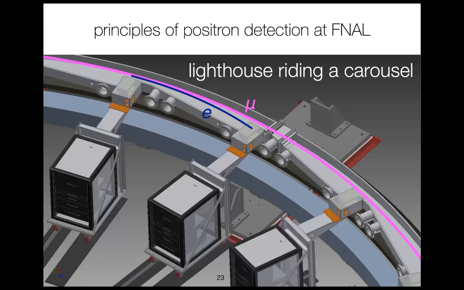Now let me explain briefly how the muons decay into positrons and how the positrons are detected. So when a muon in the purple decays into a positron, the positron doesn't have sufficient momentum to stay on the orbit. It curves inward.